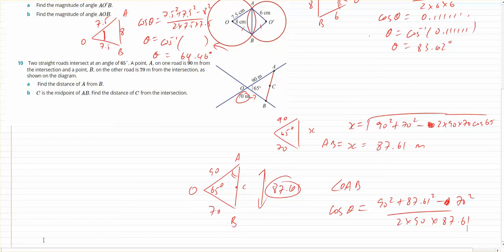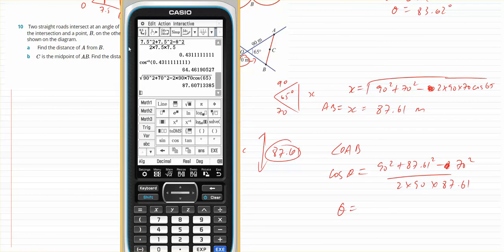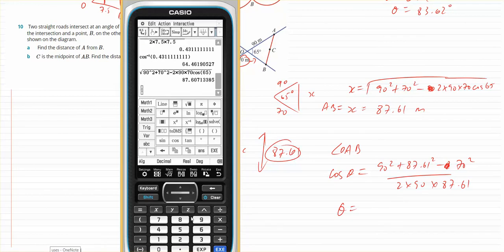and we're just inverse cosing the angle, so theta equals, so let's do this. We want 90 squared plus, I'm going to just copy and paste part of this, so we need enough decimal places, squared minus 70 squared divided by 2 times 90 times 87 point.